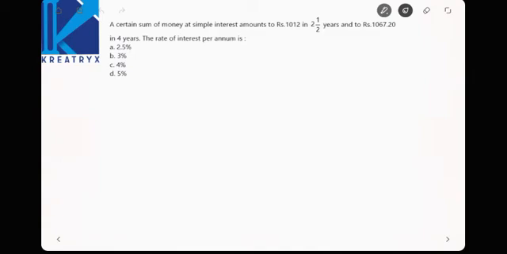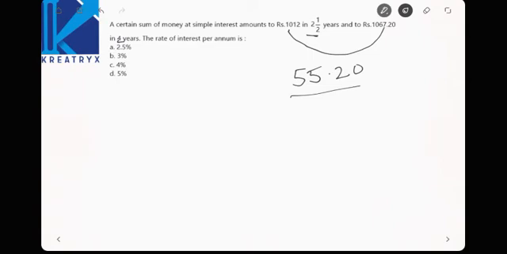Now see here, the difference between 2.5 years and 4 years amount is nothing but how much? 55 rupees 20 paise. And what is the difference between these 2 years? Is it 3/2? Right?